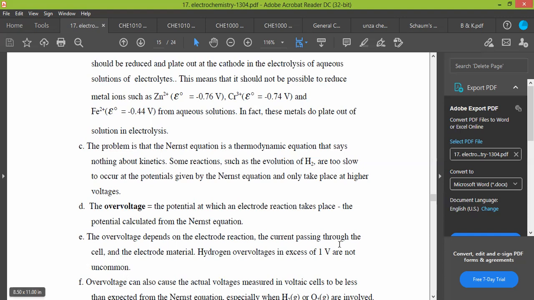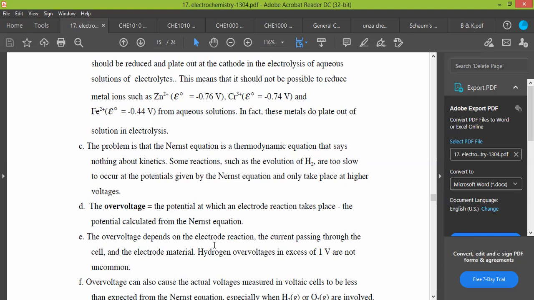the current passing through the cell and the electrode material. Hydrogen overvoltage in excess of 1 volt is not uncommon. So hydrogen will only be reduced, or oxidized, when there is an excess of 1 volt. When 1 volt is applied, then it is reduced. You want to find what potential is required to reduce or oxidize a certain element.